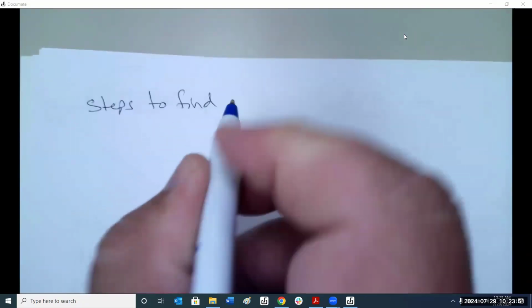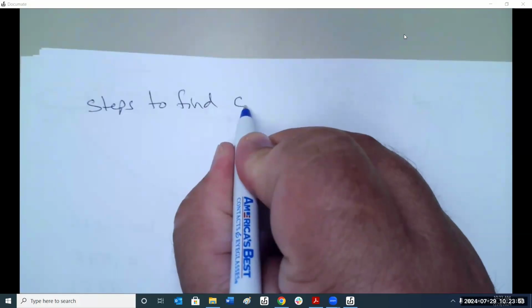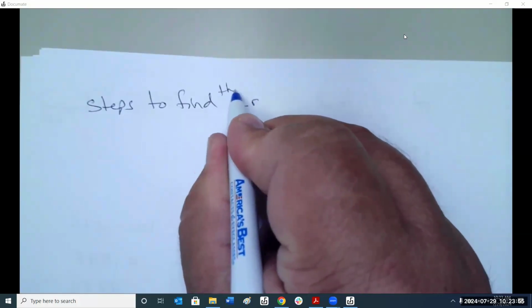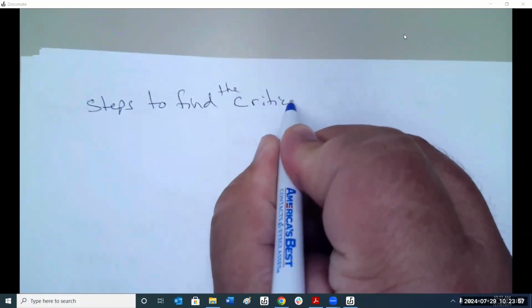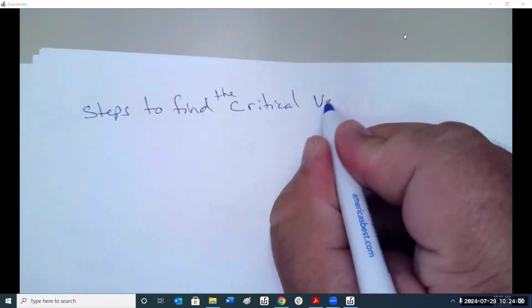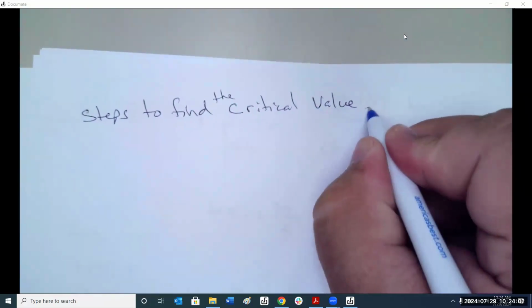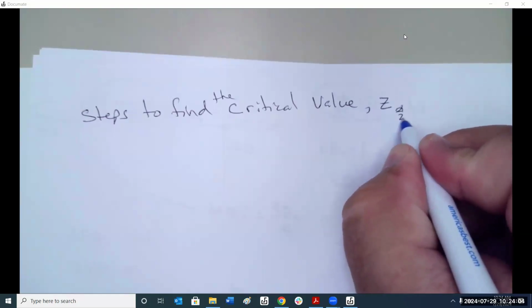I'll put the steps down. Steps to find the critical value Z alpha over 2.